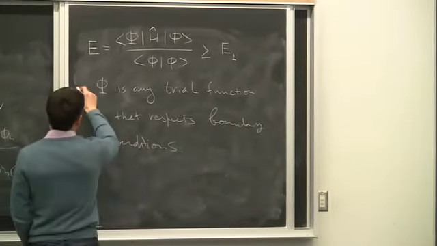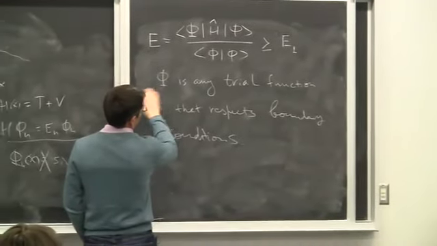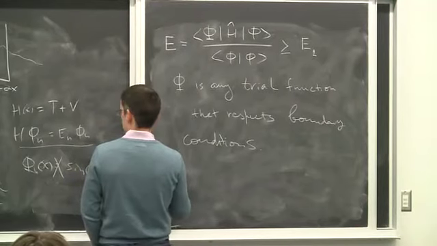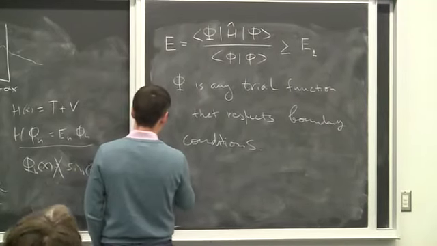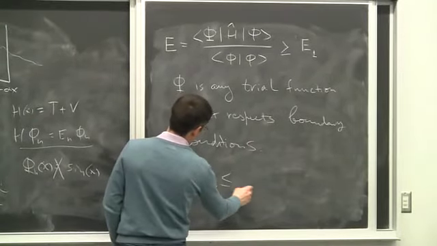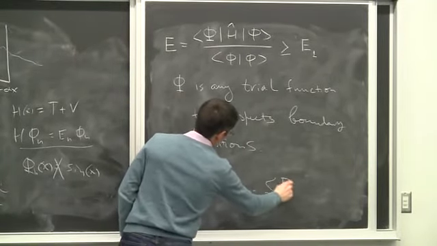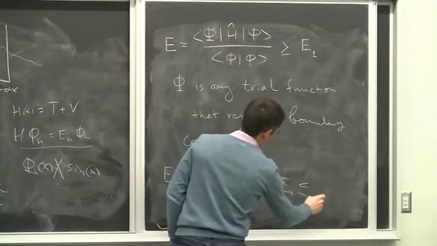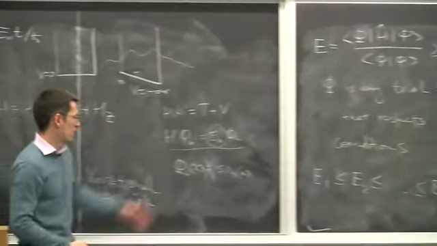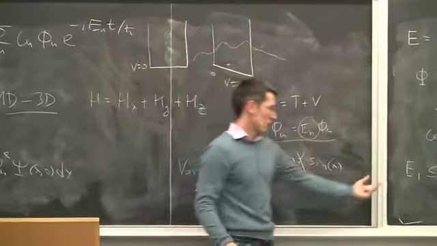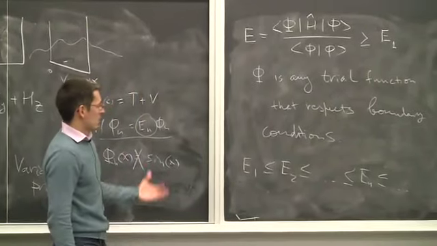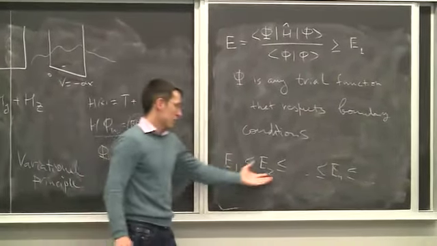This is for any trial function phi that respects boundary conditions, and we assume that E1 is the lowest of the infinite number of solutions of this problem. So we have true solutions. E1 is the first one, the lowest one, and we just organize them that way.